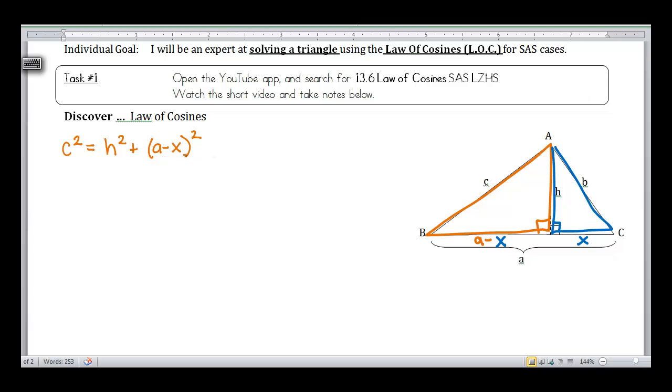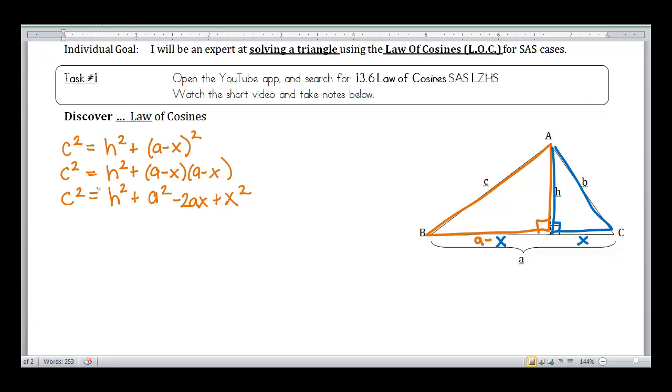So let's go ahead and multiply what A minus X times A minus X would be. That's going to be A squared, A times negative X, and another A times negative X, and then plus X squared. And of course we still have the H squared, and all of that equal to C squared.